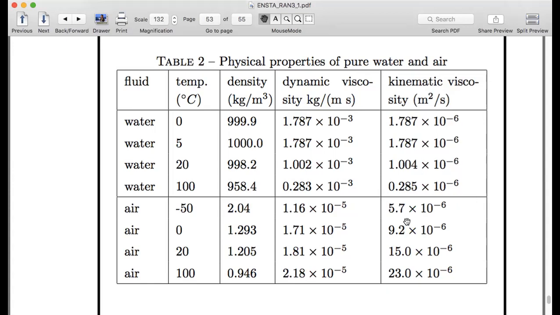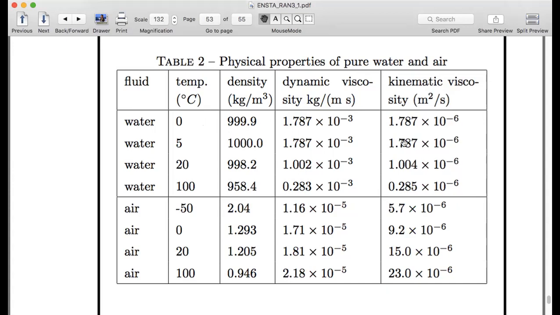So in terms of the dynamics of the flow, or maybe I should use the word kinematics, in terms of the governing equation, it's the kinematic viscosity that determines the evolution of this flow, and water is a little bit less viscous than air.